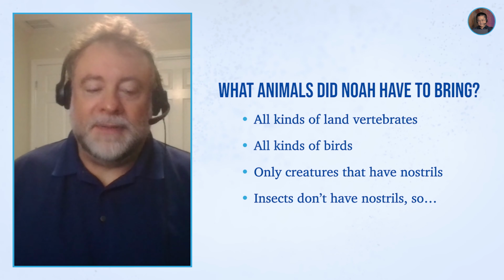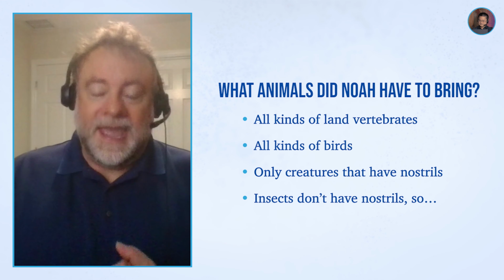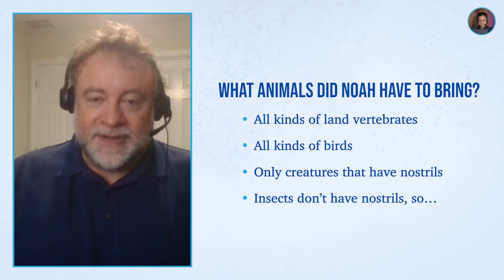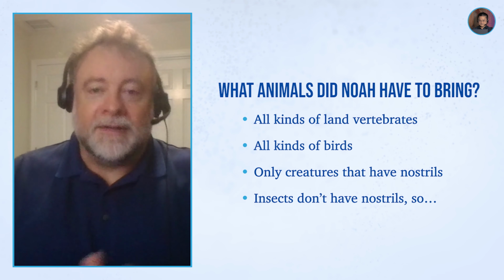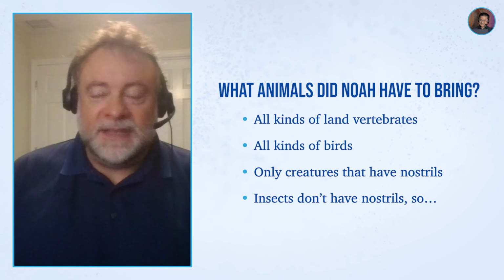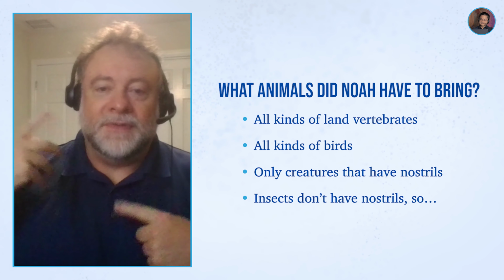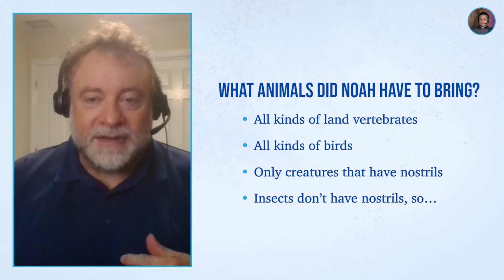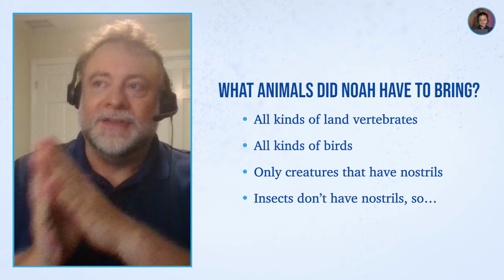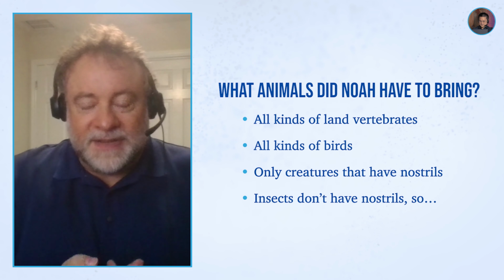So what kind of animals did Noah have to bring on board the ark? Well, it's a case of looking at the biblical account. It says that all kinds of land vertebrate animals, animals with a backbone, so no congressman allowed. Also, all kinds of birds. But later on we see that all that breathe through nostrils outside the ark perished, which implies that only things that had nostrils were brought on the ark, which means no insects, because insects don't have nostrils.